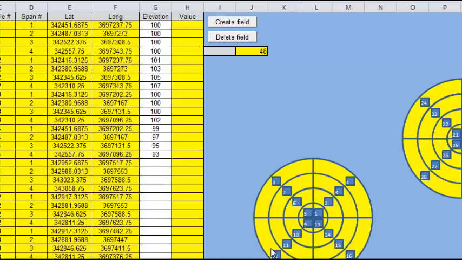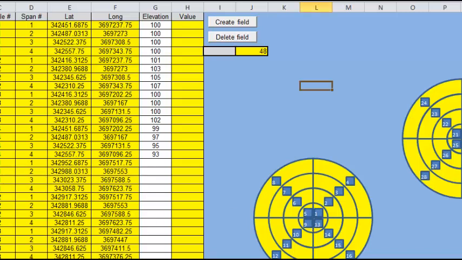And for the third set of 4 spans in angle number 3, the elevation is basically level, 100, 100, 100, but it goes up a little bit at the end. And then it goes down in angle number 4, 99, 97, 95, 93. So basically it's level in this direction, up in this direction, down in that direction.